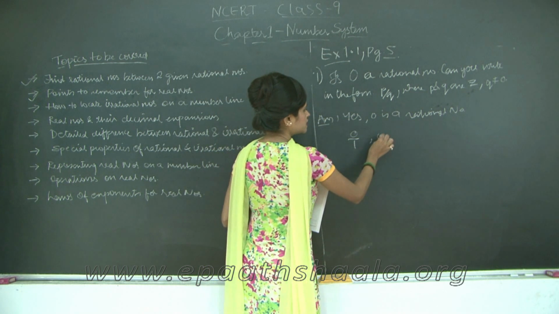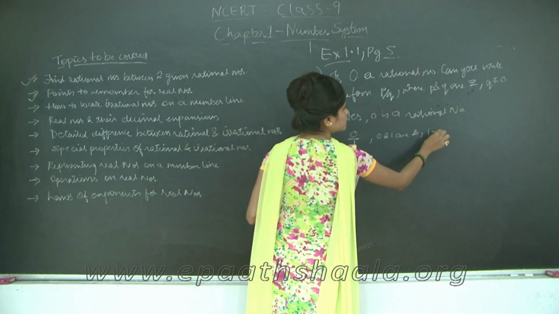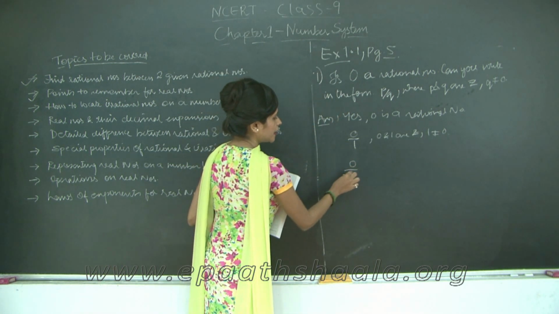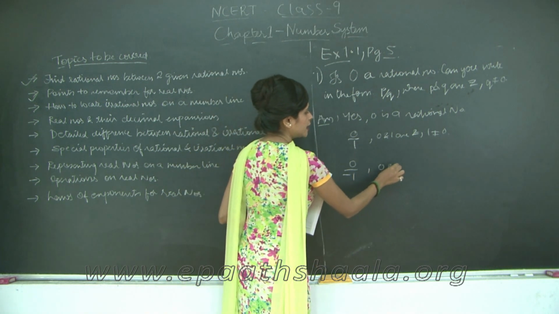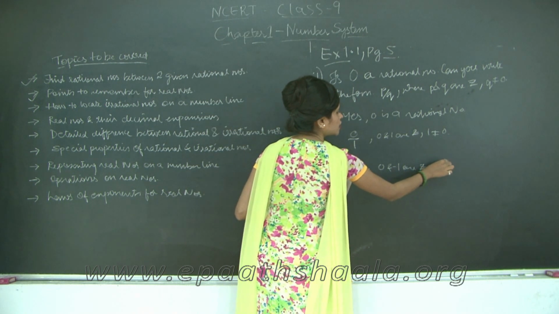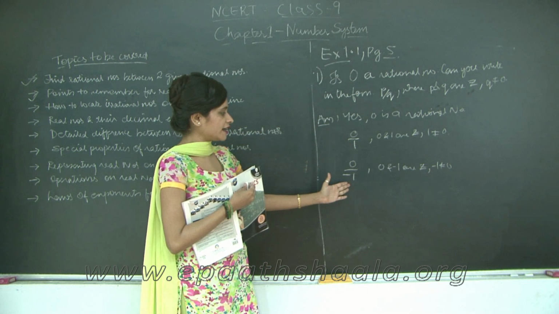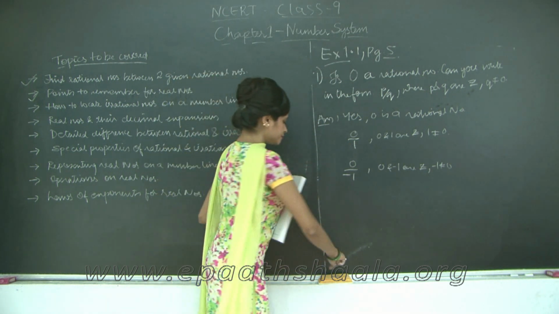I can even write 0 as 0 upon minus 1, where 0 and minus 1 are integers and minus 1 is not equal to 0. So I could replace this with 2, 3, 4, minus 1, minus 2, minus 3, minus 4 and so on.